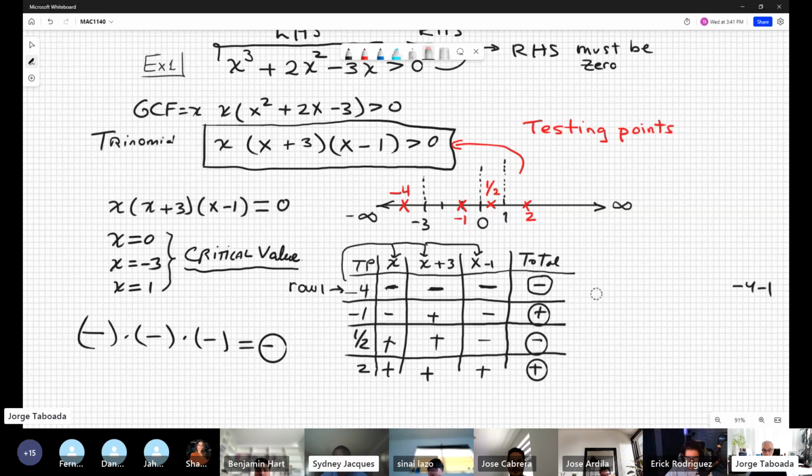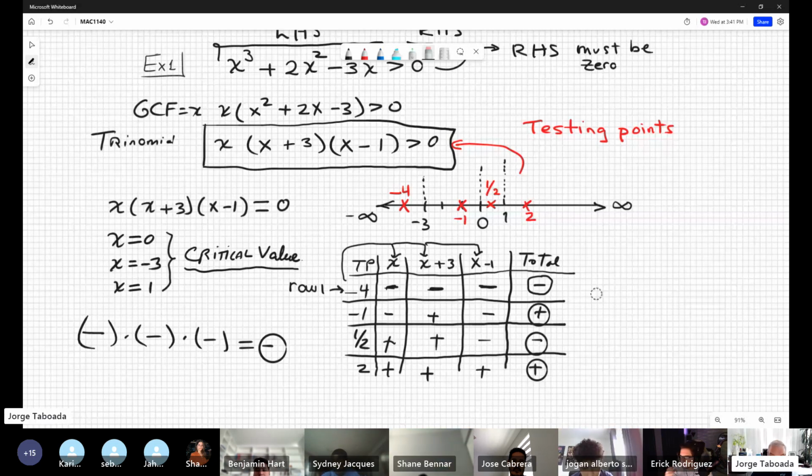Where did you get the half from? The half was a totally arbitrary testing point between 0 and 1. I pick 1/2, I pick 1/3, I pick 1/5, I pick 3/4.